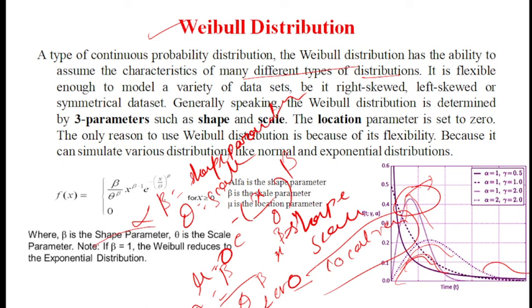Binomial distribution has two possible outcomes, the bi itself indicating 2, whereas multinomial indicates more than 2. Under Poisson also there is no limit for the possible outcomes. Geometric distribution has a fixed number of successes. We already discussed the example also for this.